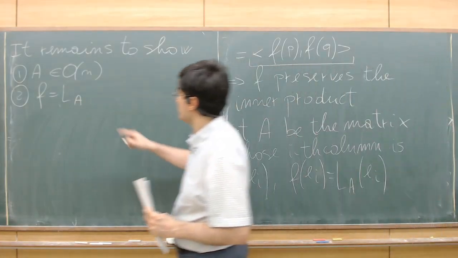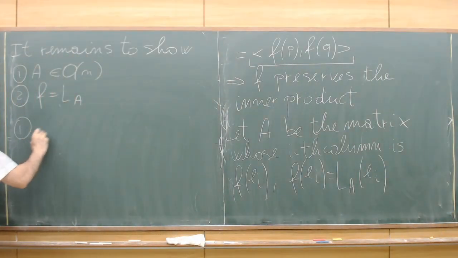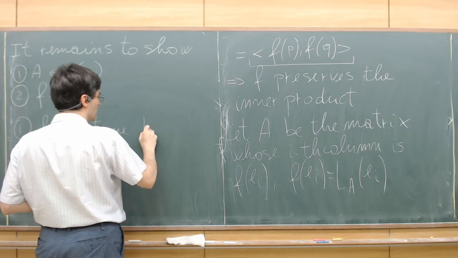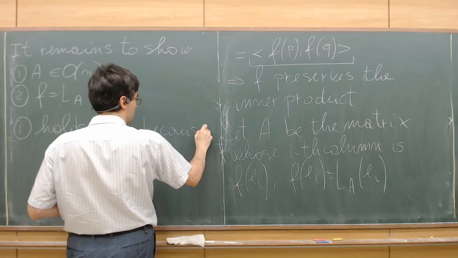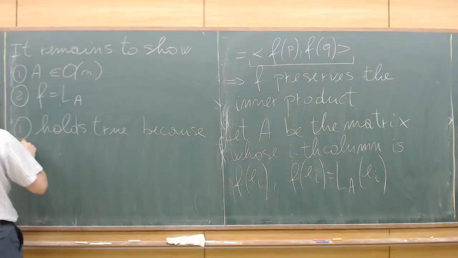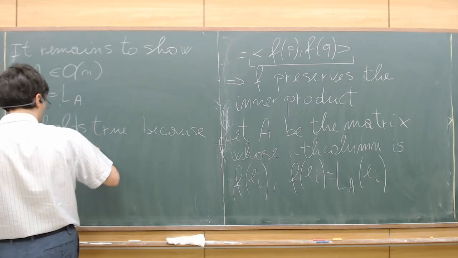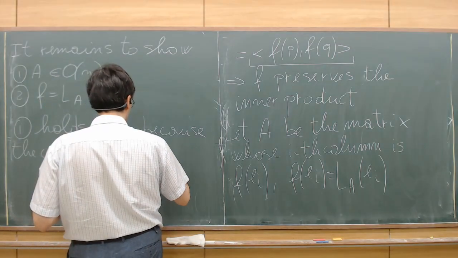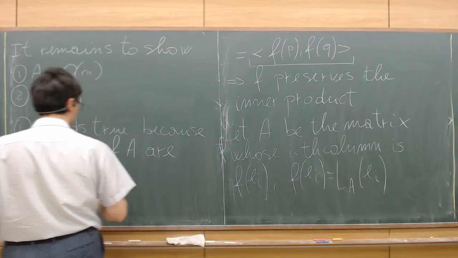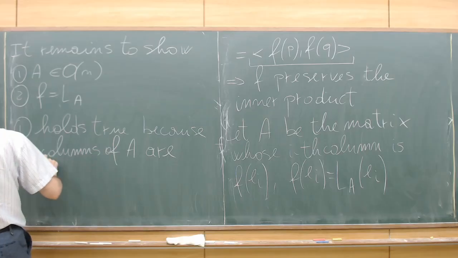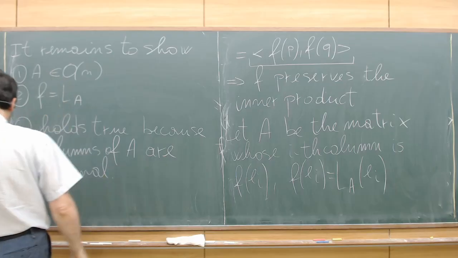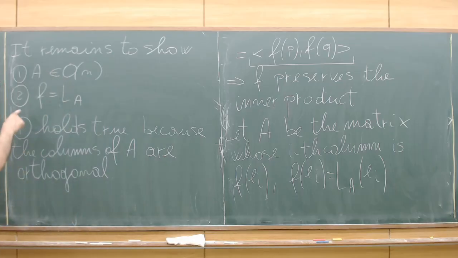Okay, why is one true? One holds true because the columns of A form an orthonormal basis, so these are orthogonal.